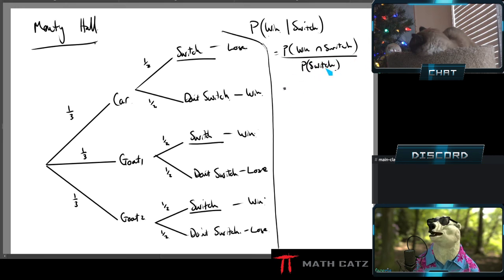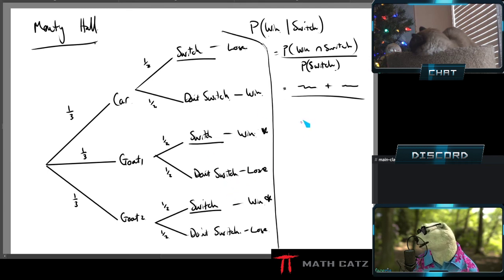And then you can find the paths and so on. Winning and switching is going to be this one, and winning and switching is going to be this one as well. So two paths there. Multiply along the path, multiply along the path, and add them together.